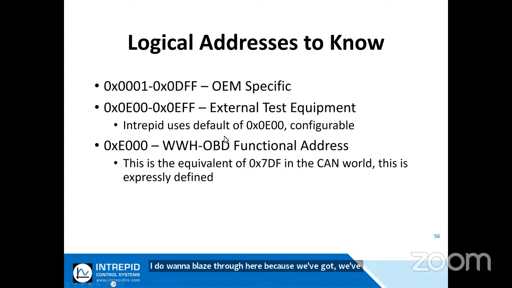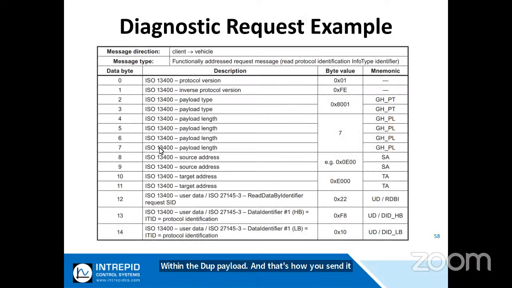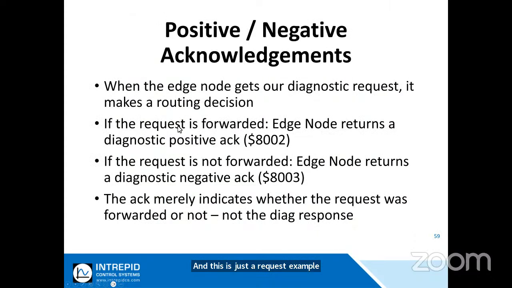So I've already went through the ranges, and essentially all you're really doing once you pack this together is the header is going to be 8001, and then you're going to have a source and destination address, and then you just pack in the raw ISO 14229 frame, just like you would have done in CAN within the DoIP payload. And that's how you send a diagnostic request. Okay. And this is just a request example that breaks all the pieces down.